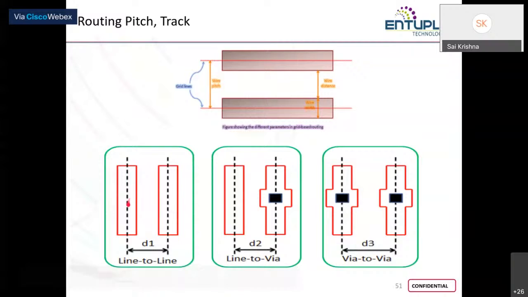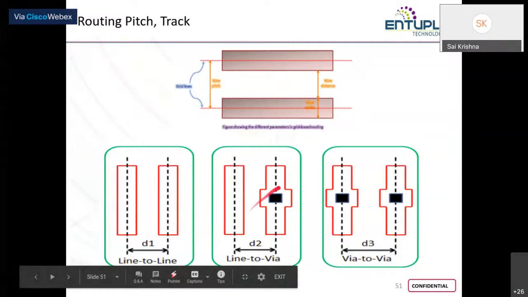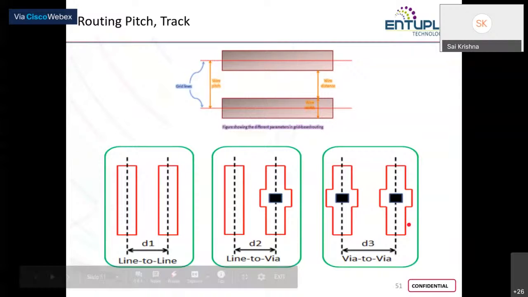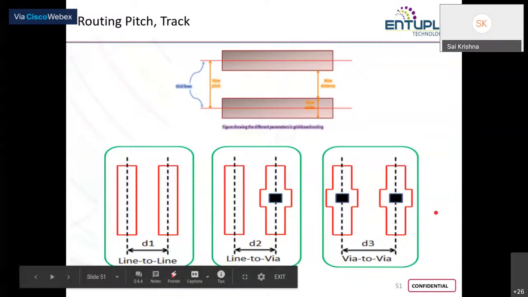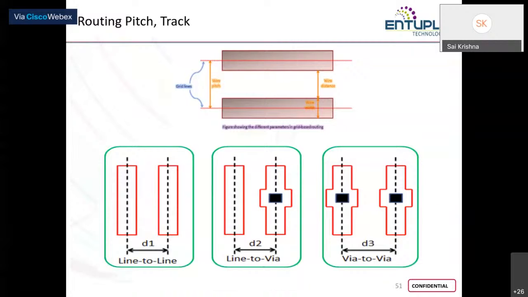So there are combinations of line to line distance, line to via distance, and via to via distance. But one common point for all of them is that your grid line is always the reference, and the metal layer or the via is placed exactly through the center axis.